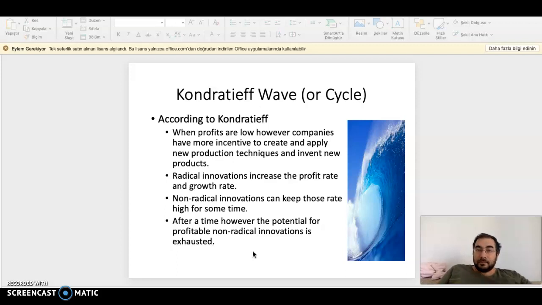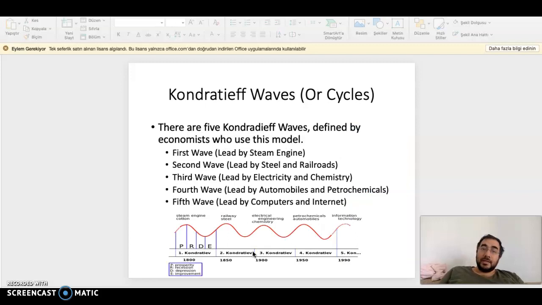So we return to the old position where the profits were low and the conditions were ready for a new technological wave with new radical innovations. So this is how the Kondratiev wave fits in history.